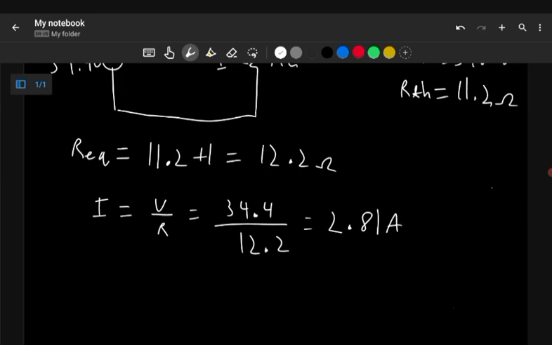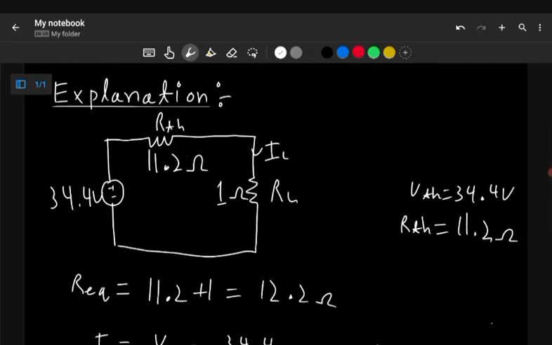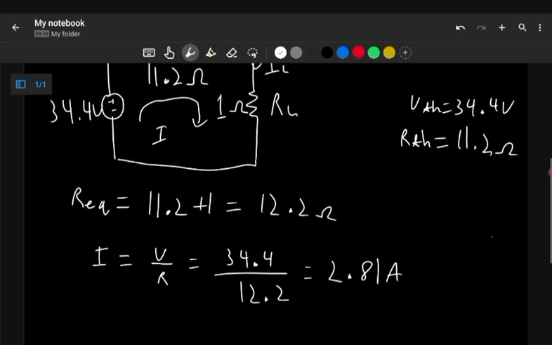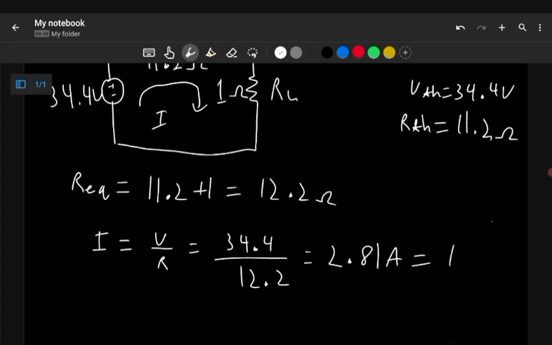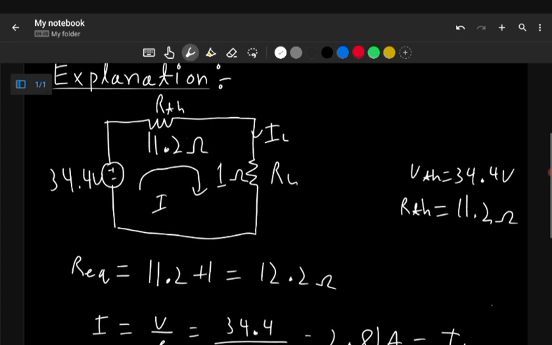This will be the current that is flowing through this entire circuit.